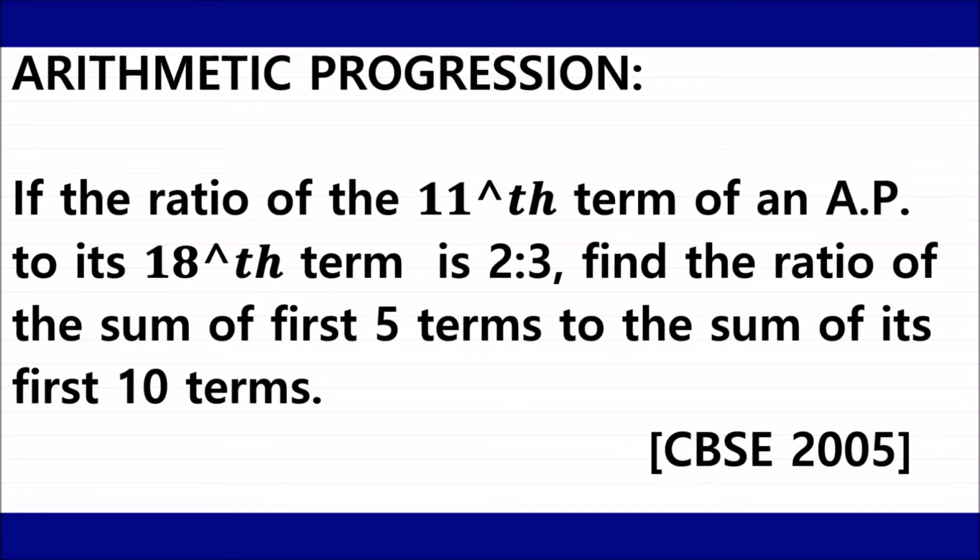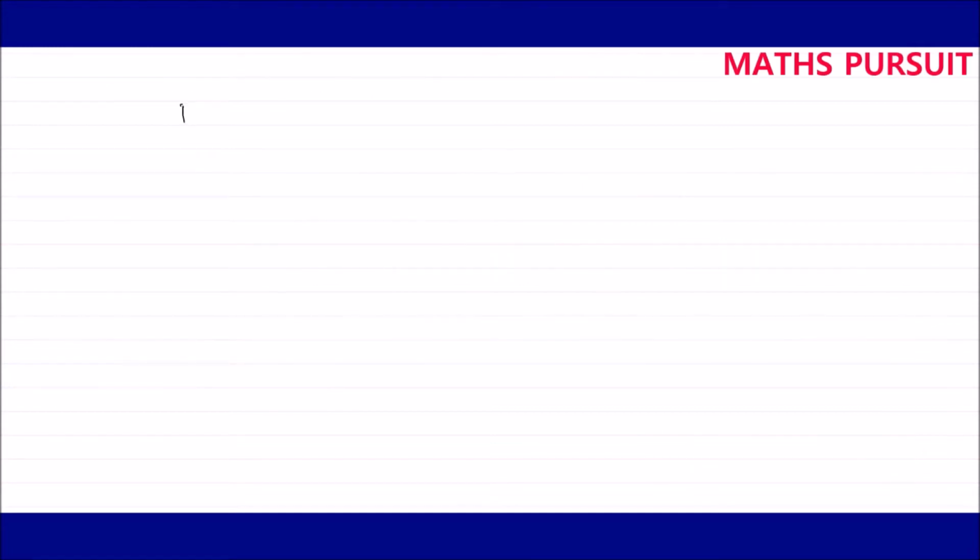So as per the question, it is being said that the ratio of the 11th term of an AP to its 18th term. We very well know what is meant by ratio. Just see, ratio of 11th term to its 18th term, that means I can write 11th is to 18th, as we write ratios like this.